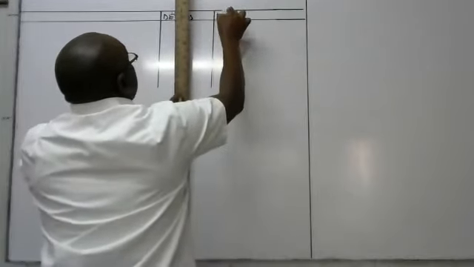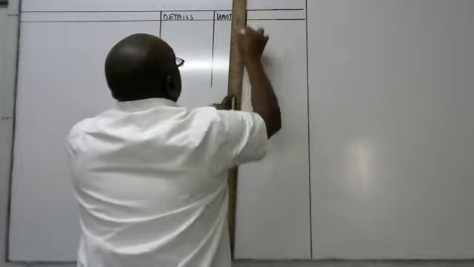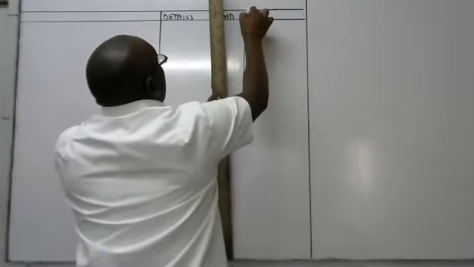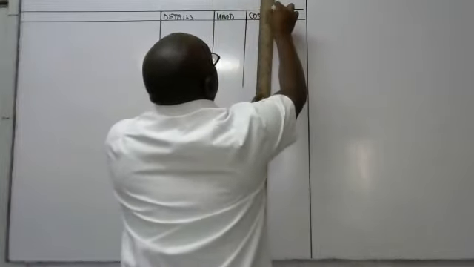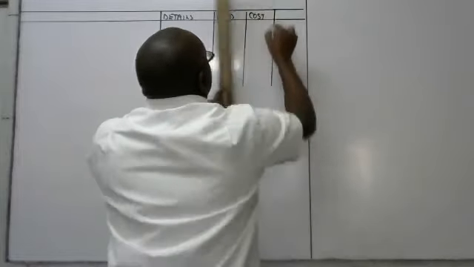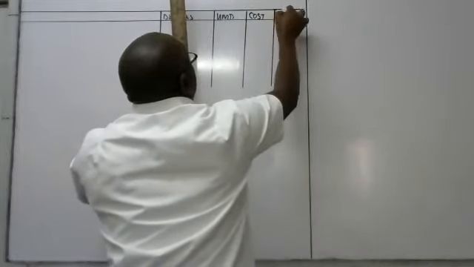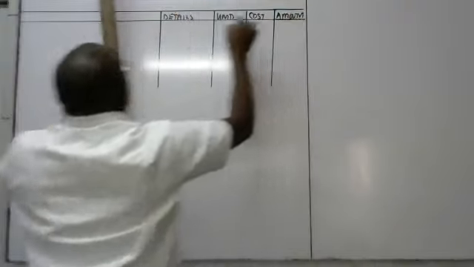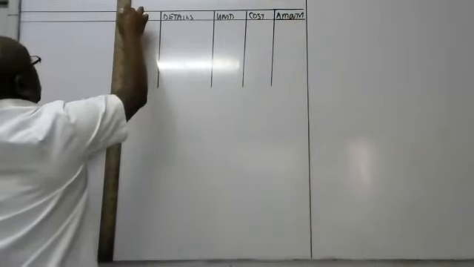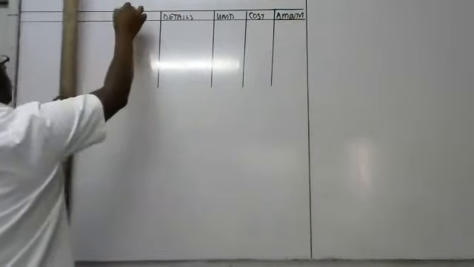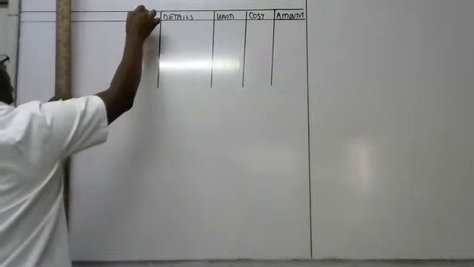We have units. We have costs. And then we have amount. We have amount here.